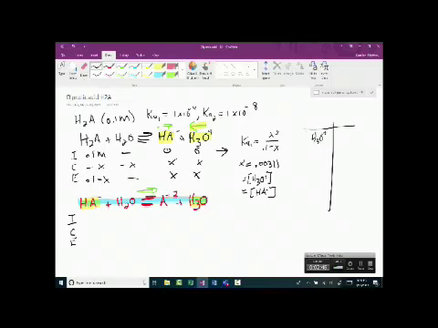So I can actually start my table here. H3O plus equals 0.00311. OH minus, which I get from KW, is 3.215 times 10 to the minus 12th, if I didn't make any math errors. HA minus is equal to 0.00311, and H2A is going to be equal to 0.1 minus 0.00311.